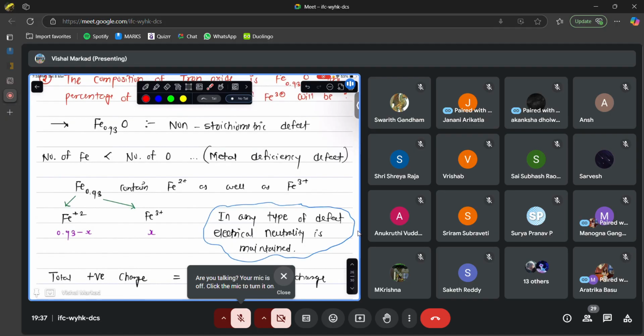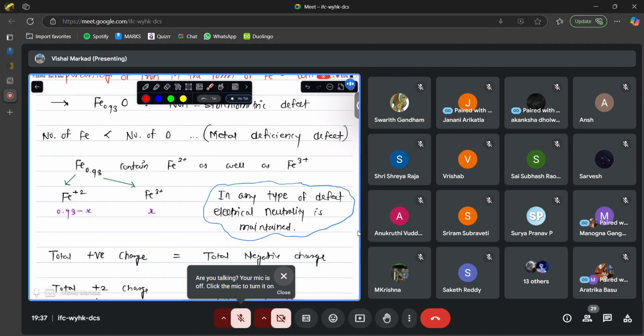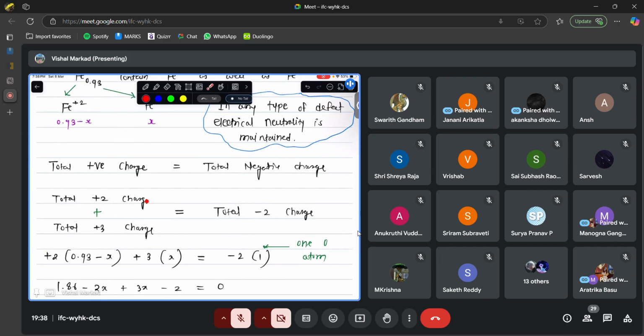Now we have to calculate total positive charge. Fe3+ is also there, Fe2+ is also there. How many atoms have 3+ charge? X atoms. How many atoms have +2 charge? 0.93 minus X. So total positive charge is +2 multiplied by the number of Fe2+ atoms, plus +3 multiplied by the number of Fe3+ atoms.